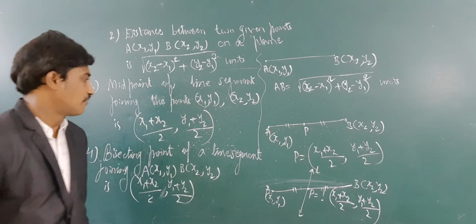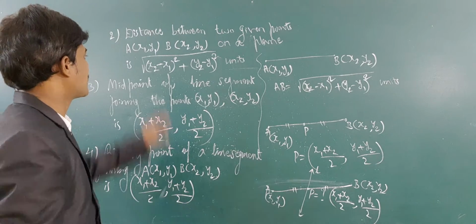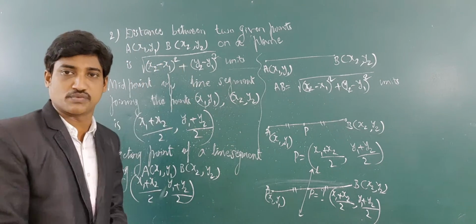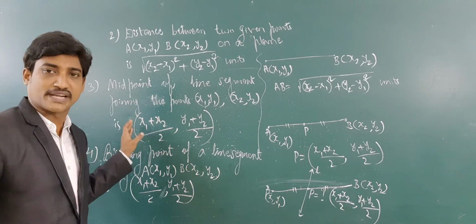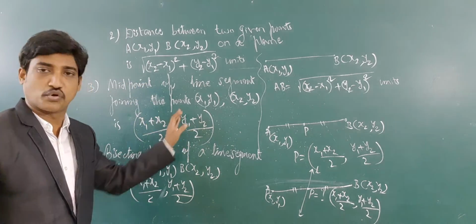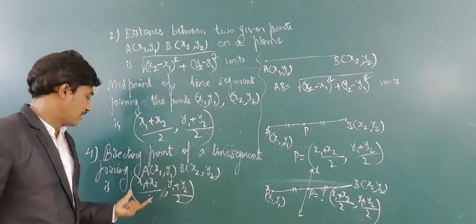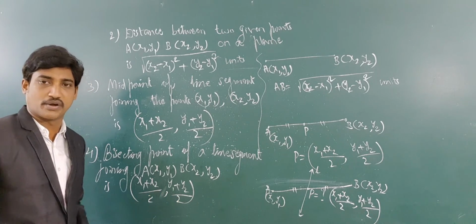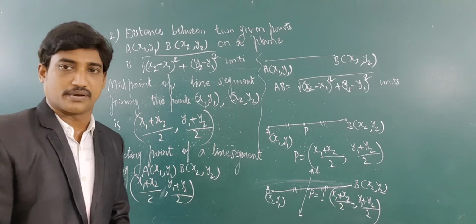It is the formula of the bisecting point. Distance formula: root of (x2 minus x1) square plus (y2 minus y1) square. Midpoint formula: (x1 plus x2) by 2, (y1 plus y2) by 2, as the coordinates of the bisecting point.